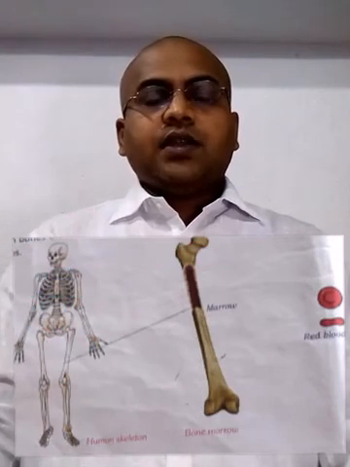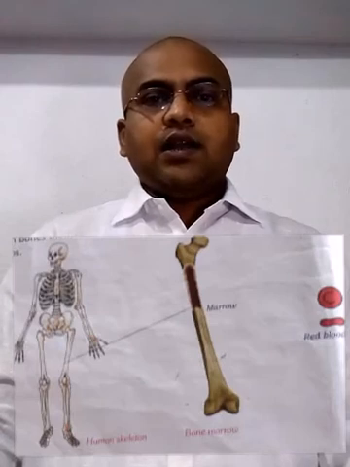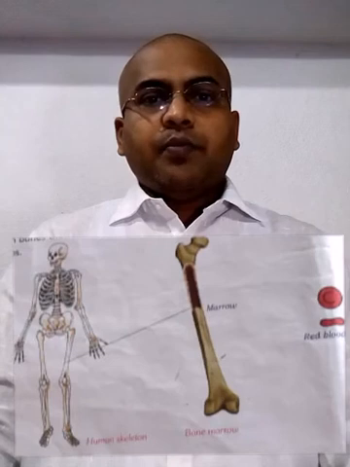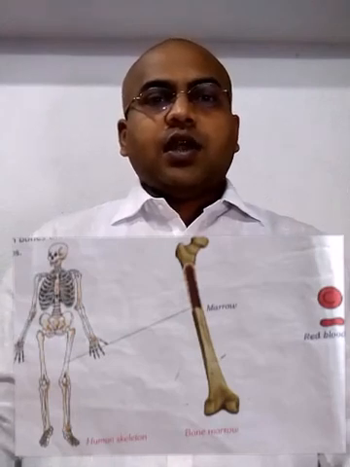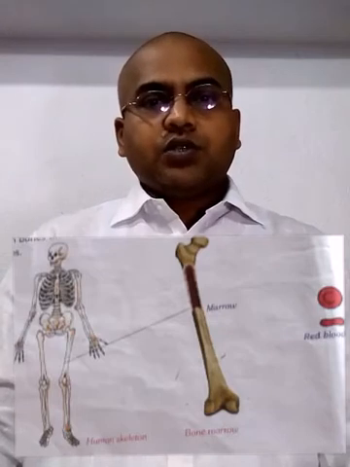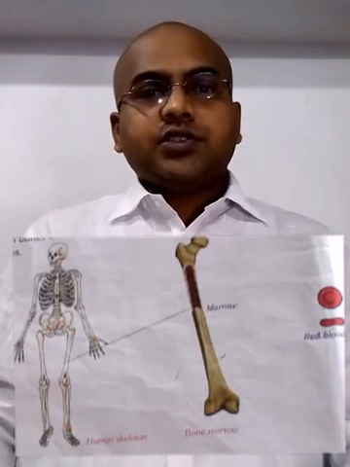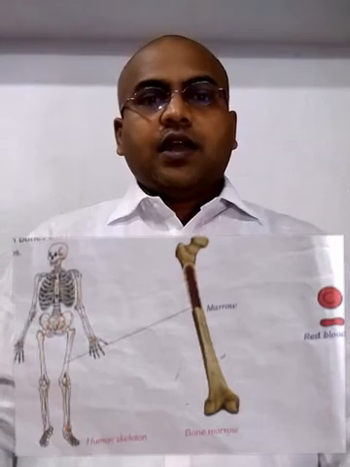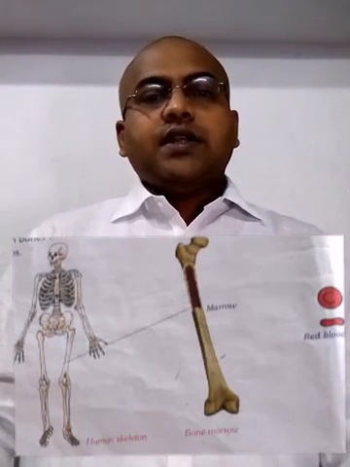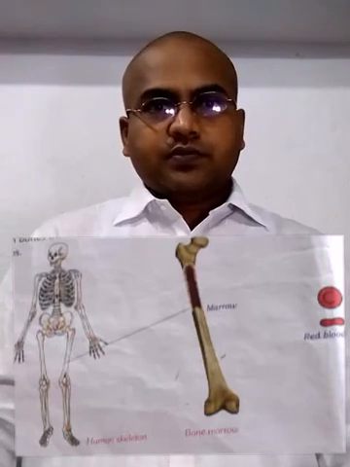Under the skeleton we discussed the skull, rib cage, our limbs, and backbone also. Then we discussed the function of our skeleton and the function of limbs. Now today we will discuss joints.